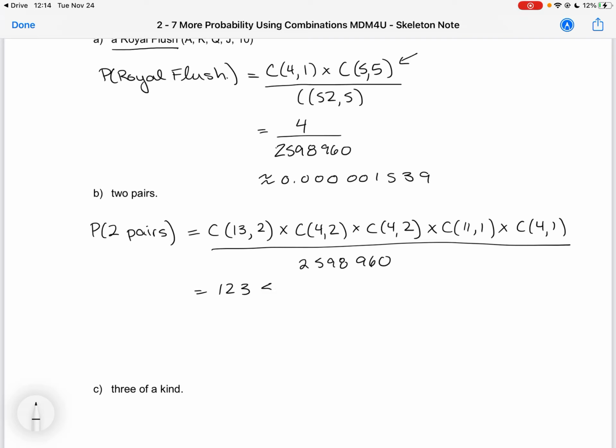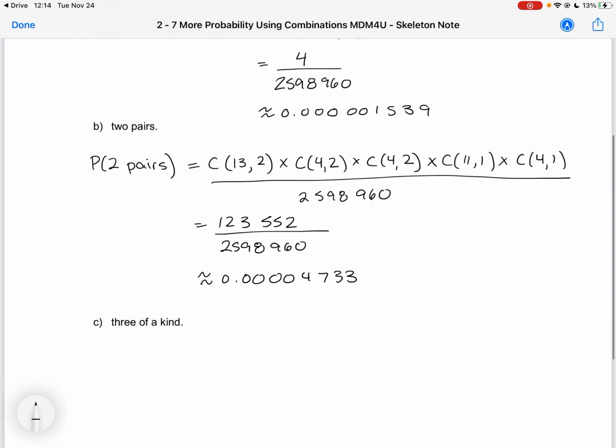This gives us 123,552 possibilities for choosing 2 pair. And that translates to a probability of 0.004733. Very small chance of getting 2 pair.